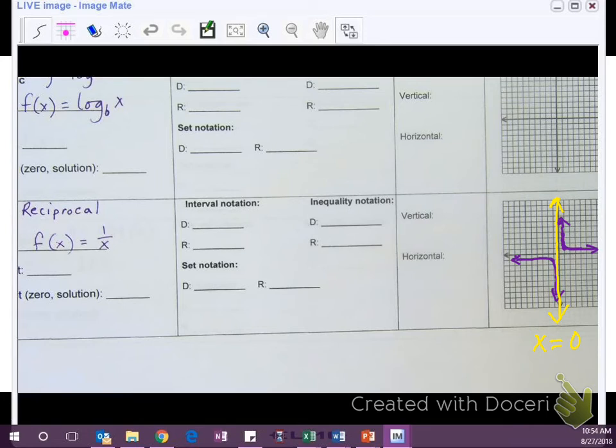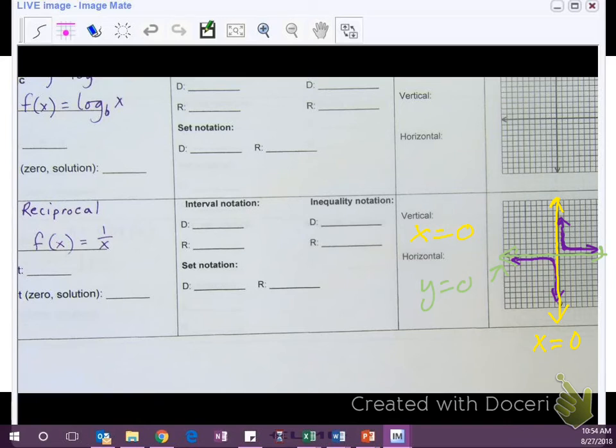So we have a vertical asymptote at x equals 0, but we also have a horizontal asymptote here. This is the line y equals 0, which is the x-axis. Those are our two asymptotes. The function will never touch either of those axes. So we have to do something with our notation.